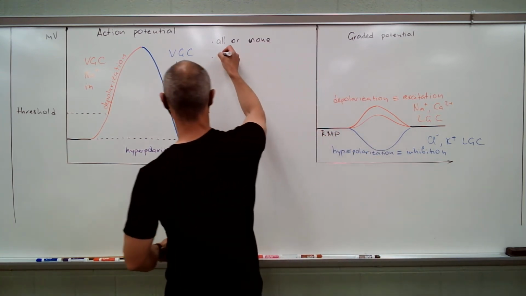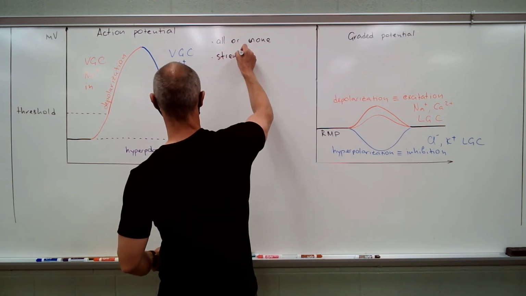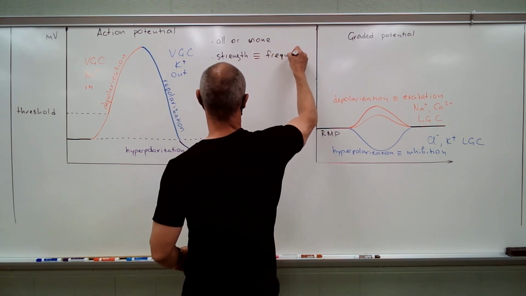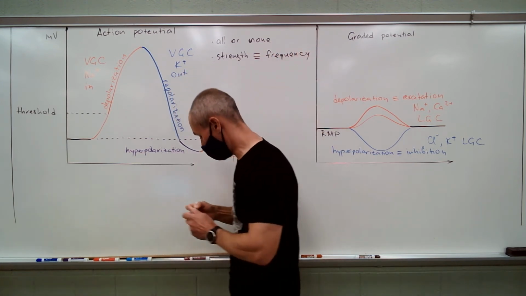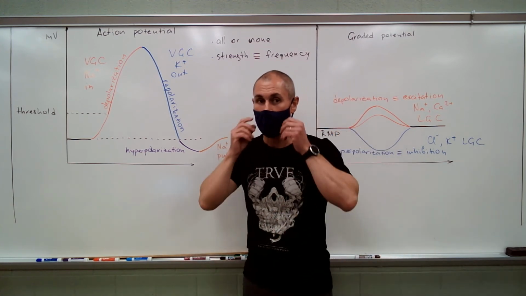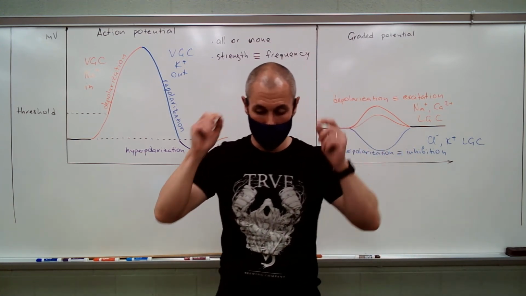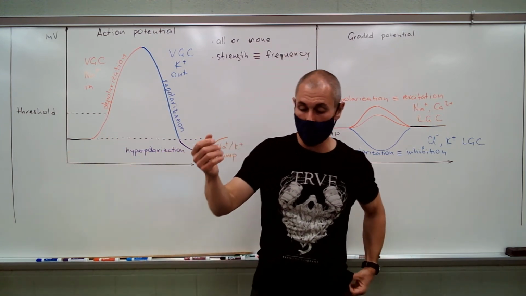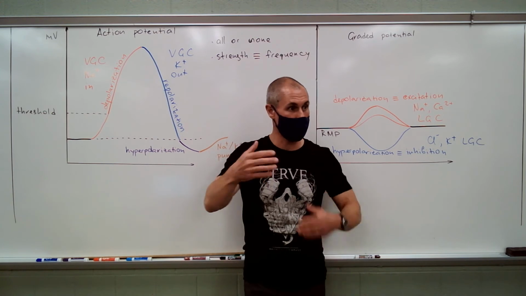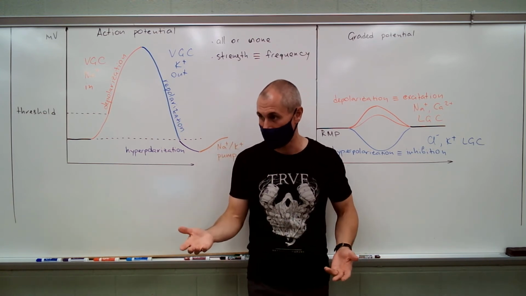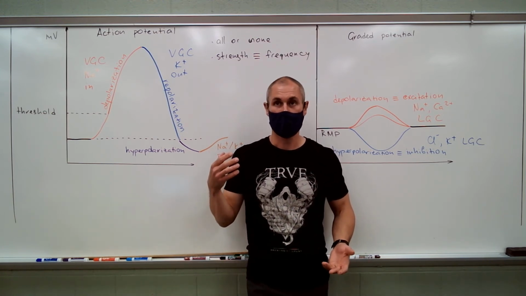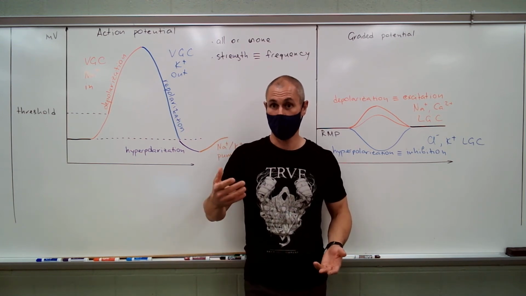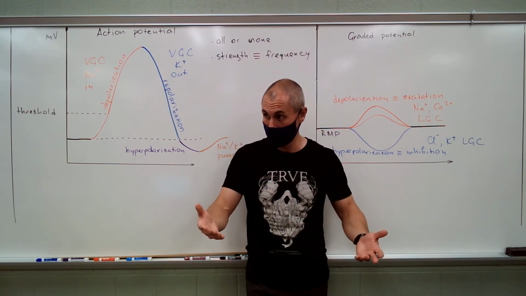Strength of a signal, I don't like to use the word strength, but I have to, is equivalent to frequency. Let me explain. Actually, Miranda asked the question, like, what about the amount of neurotransmitter? More neurotransmitter means more channels open.